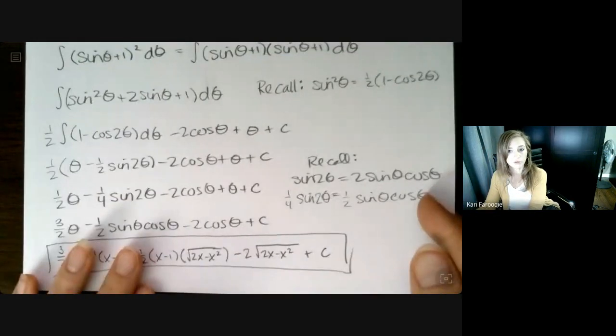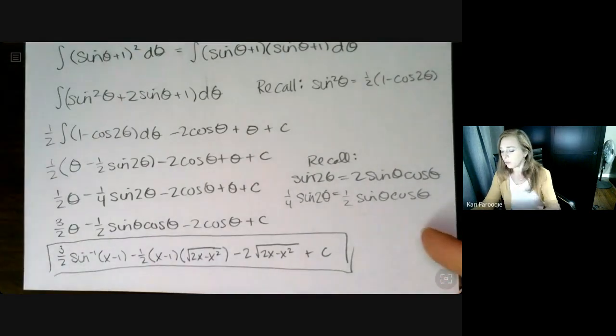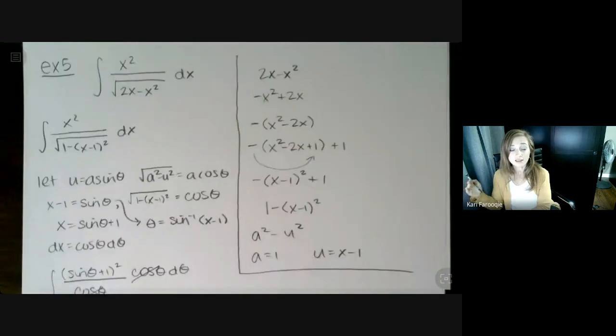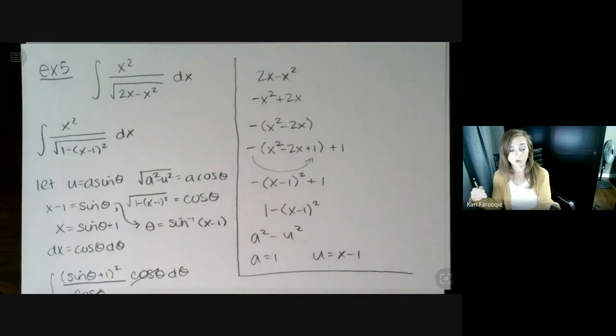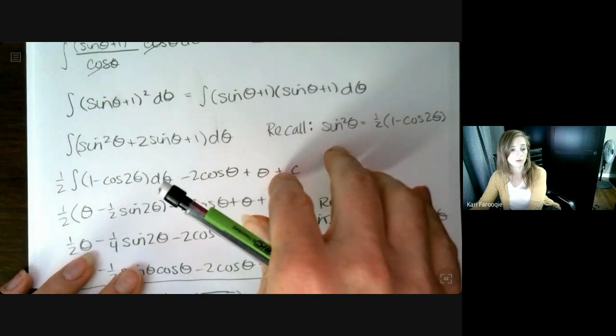Before I take away example 5, does anyone have a question on it? Okay, so the problem here, nothing we did step by step was really that hard. It's just that there are so many little things that you have to put together. Even just completing the square, making sure that you know how to integrate this using 7-2, because this is a 7-2 problem, being able to reduce the power down.